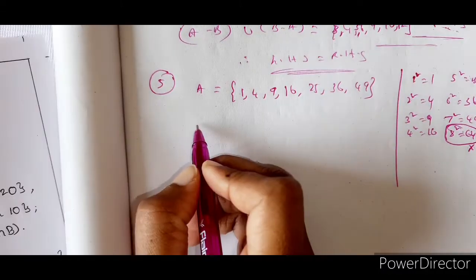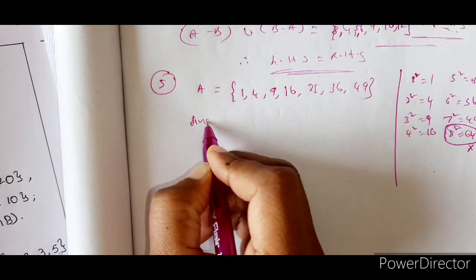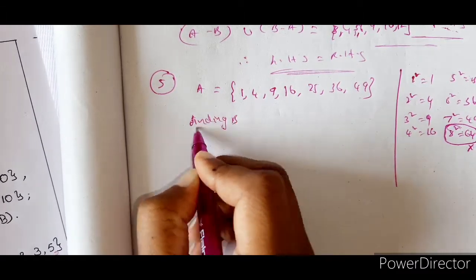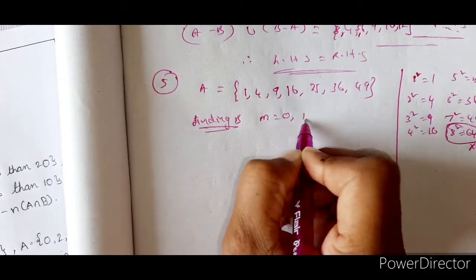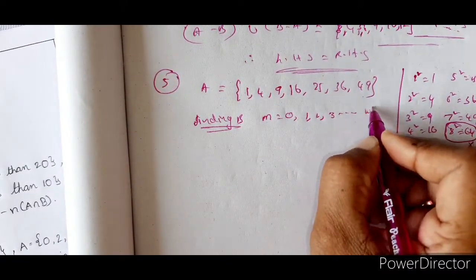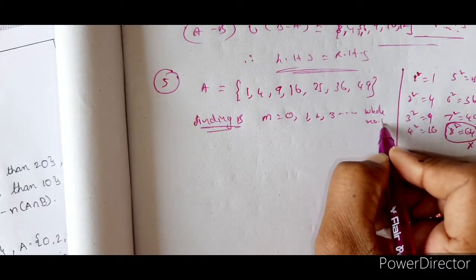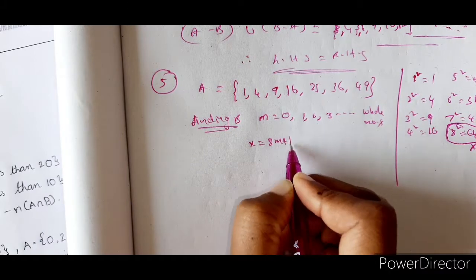Right. When it comes to B, for finding B, first we have to find B, right? How do we find B? M is equal to, what are the values that M can take? 0, 1, 2, 3, 4 and so on, whole numbers. And X is equal to 8M plus 1.